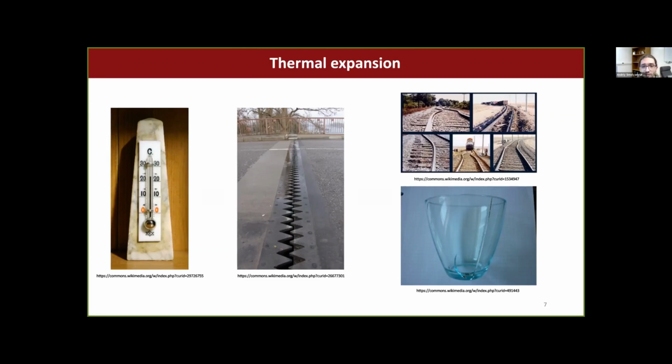In this image, you have an example of a gap introduced in a bridge, because its length is different when it is hot outside or cold outside. And also, if you build a railroad, you need to do it carefully, because you can have the effect of railroad buckling at high temperature.